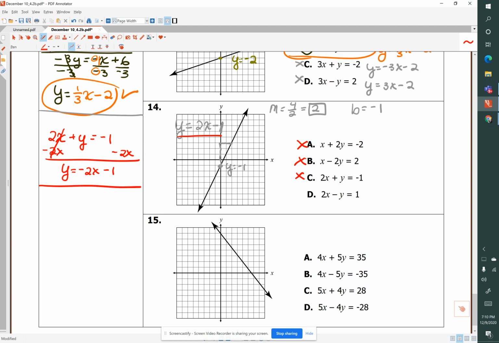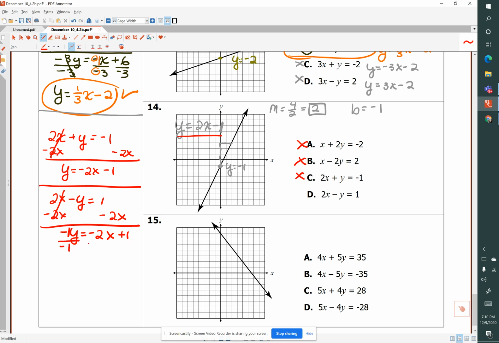So our last choice, let's hope D works. 2x minus y equals 1. Subtract 2x from both sides. Negative y equals negative 2x plus 1, but we have an invisible 1 here.